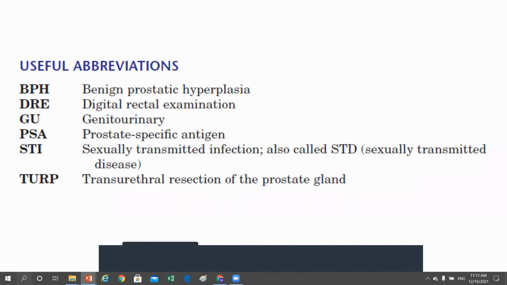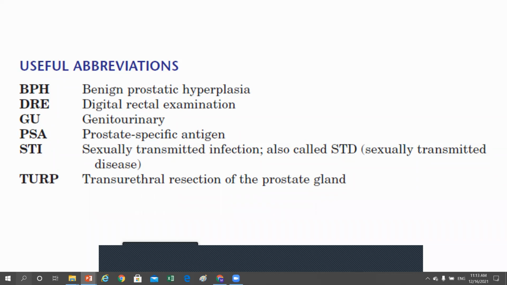Then genitourinary, concerned with the genital system and urinary system. As we have talked, in males the urethra is a genitourinary passage. It allows the passing of the urine plus the sperms. In females, we have a separate genital tract, that is the birth canal, and a separate urinary tract.